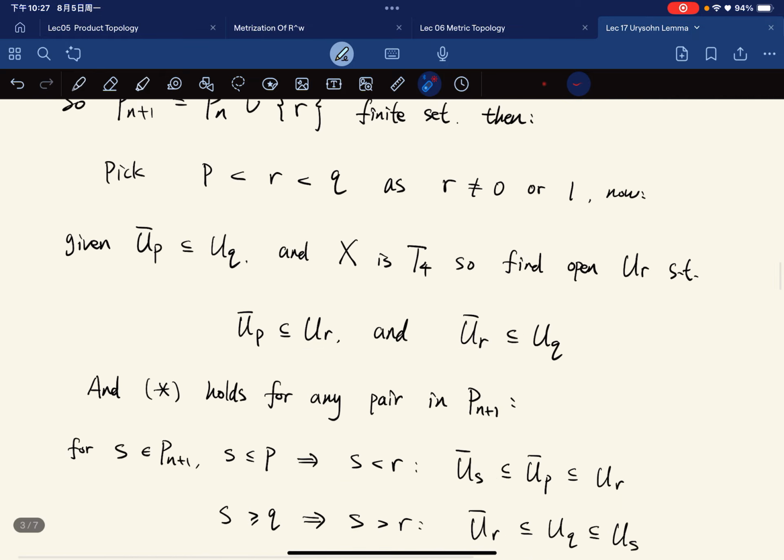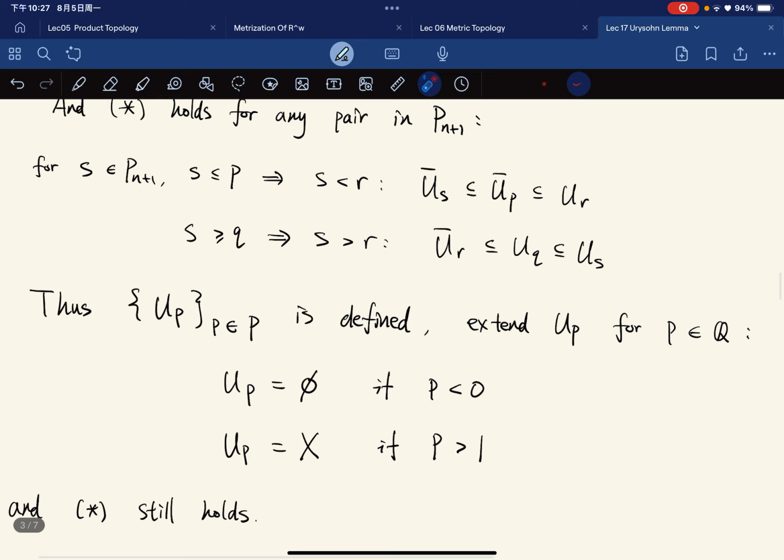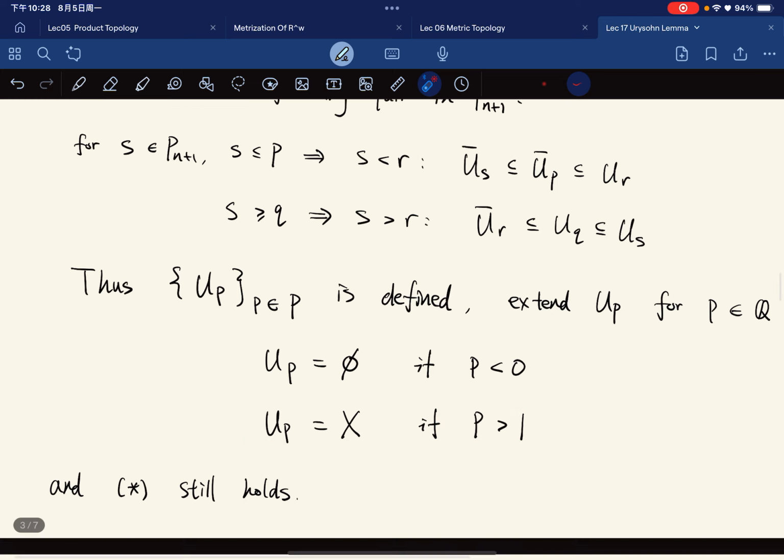So we have successfully defined our open sets, and we wish to extend the definition to all of the rationals. For P negative, we define UP to be empty, and if P is greater than 1, we define it as the entire space.